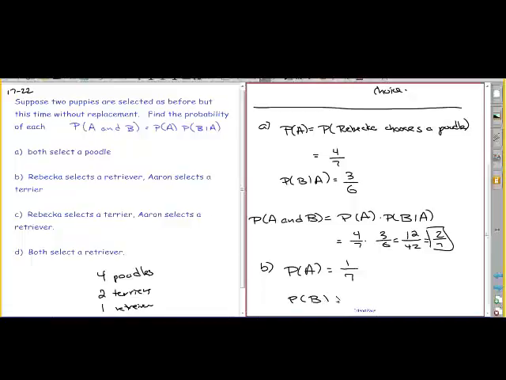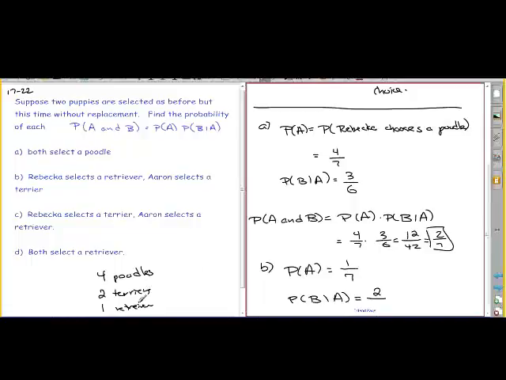The probability of Aaron picking a terrier, given that Rebecca has picked a retriever. Now that the retriever has been chosen, there are 4 poodles and 2 terriers. How many terriers does Aaron have to choose from? He still has 2.